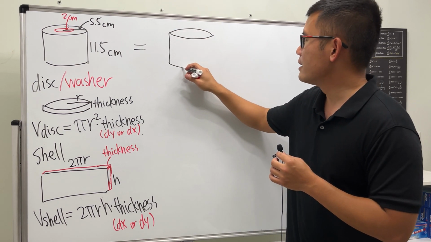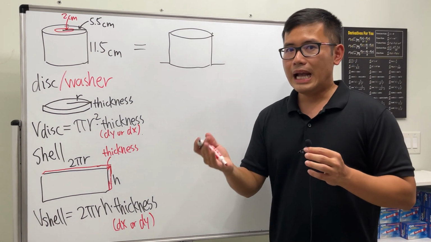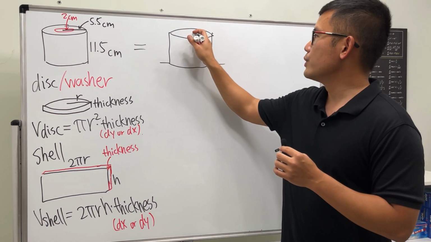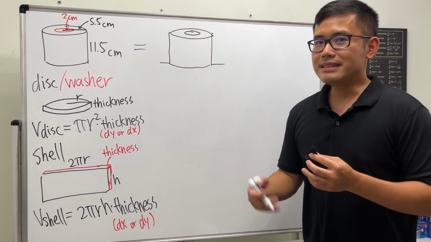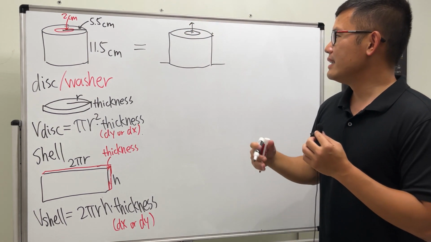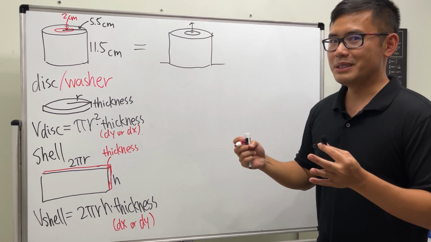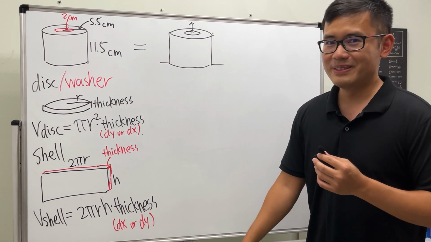I know it's not any better, but yeah, sorry. All right, we have the outer part, and then of course we also have the inside part. Okay, and of course that's the x-axis, and here is the y-axis, and this is how you are going to draw the shell. All right.